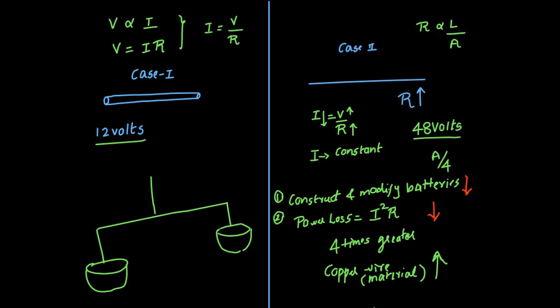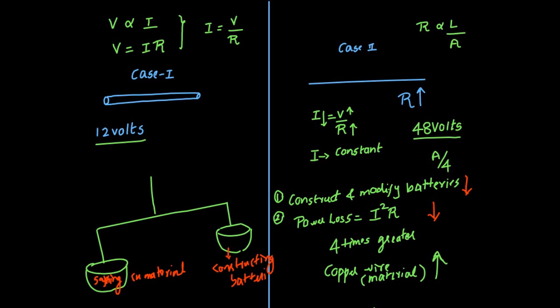So Tesla engineers should have done the mathematics and found that saving the copper material seems to be more profitable compared to constructing batteries and modifying them.